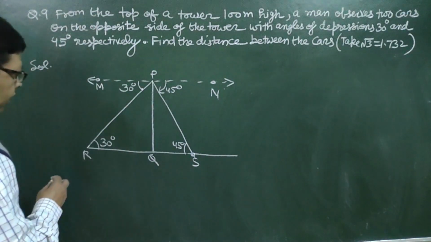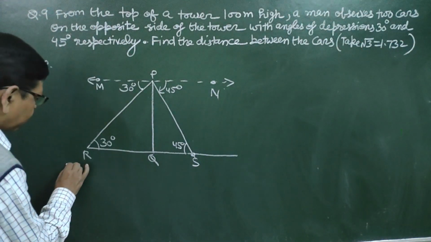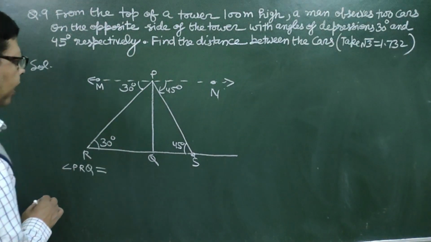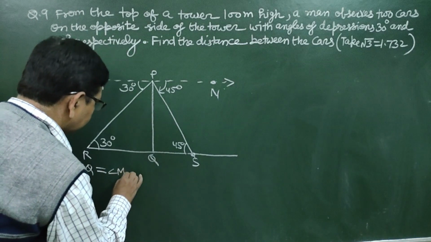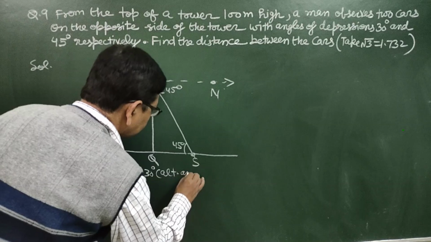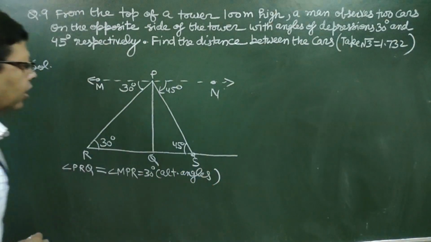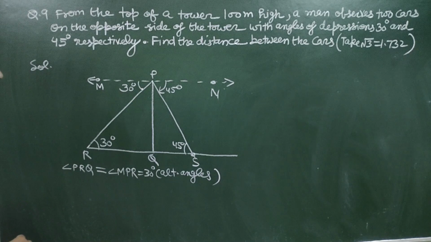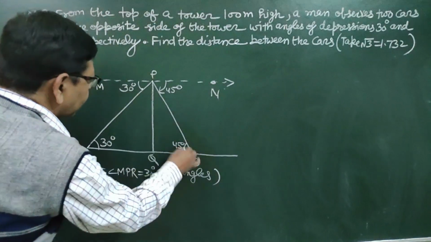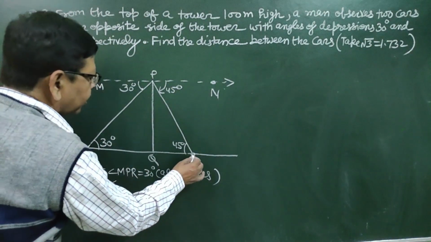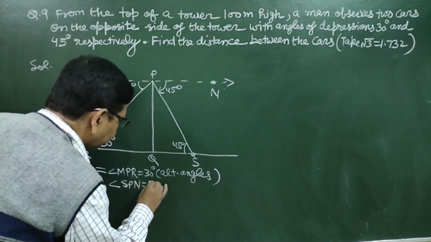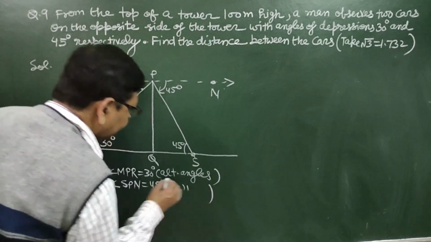So we can say here angle PRQ is equal to angle MPR equal to 30 degree, alternate angles, and similarly angle PSR is equal to angle SPN is equal to 45 degree, alternate angles.